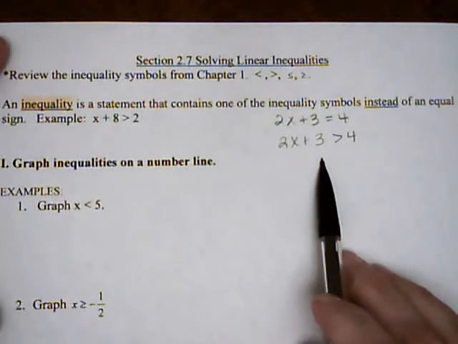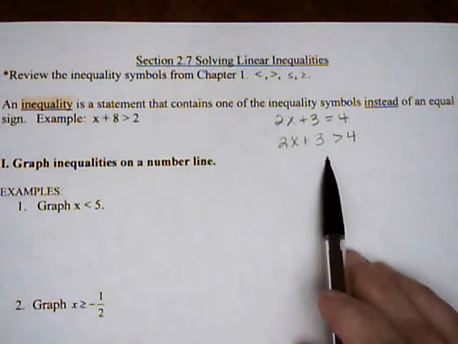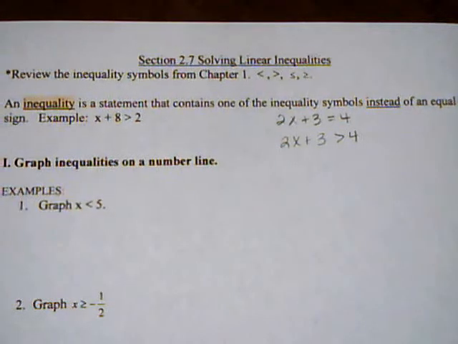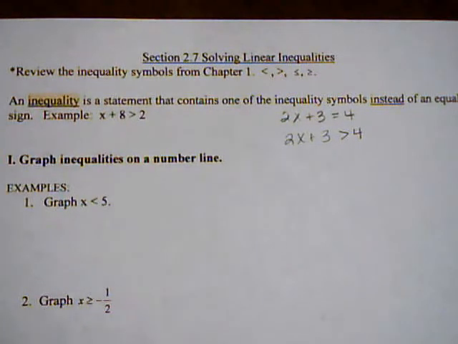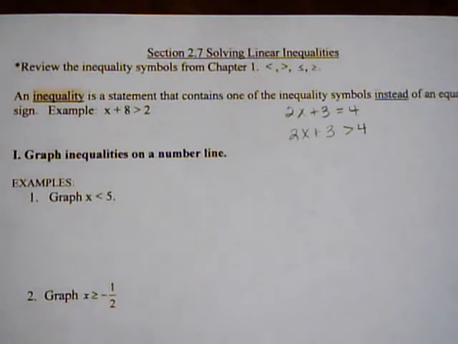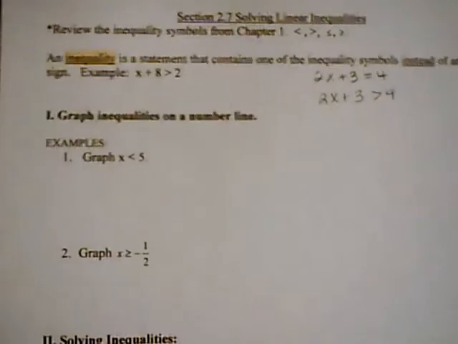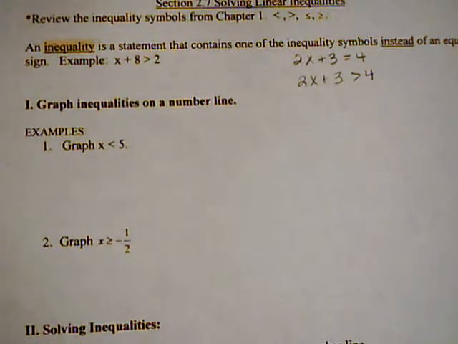As far as solving inequalities, it's exactly the same way that you would solve an equation, but there's something a little bit different about the solution that we're going to talk about in a few minutes. When we have inequalities, this doesn't mean that there's just one number that's a solution. There are actually multiple solutions.